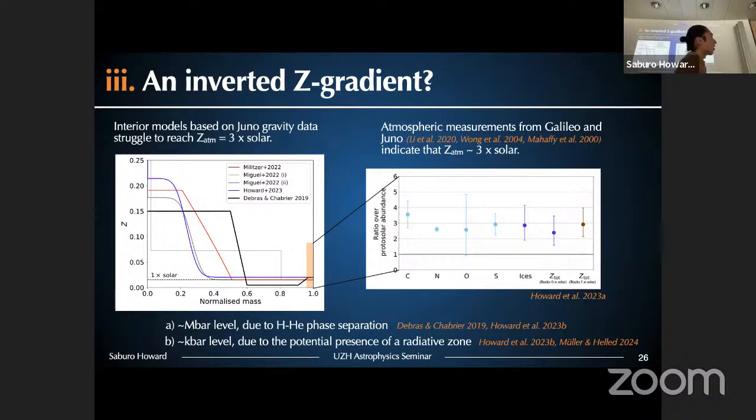But of course, you still have other issues, such as explaining that you can accrete the right type of heavy elements. So you need to be sure that the isotopic composition of what you accrete agrees with the isotopic composition of the atmosphere that we have measured. But this scenario might work, let's say.